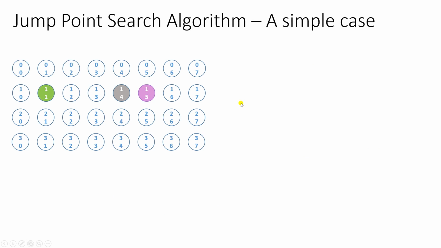In the next slide we have a simple case, a smaller grid. There will be a more complicated case a bit later, but right now let's start with a smaller grid and I'll show you how the search algorithm works. We are starting from vertex 1, 1, and we are trying to find vertex 1, 5.